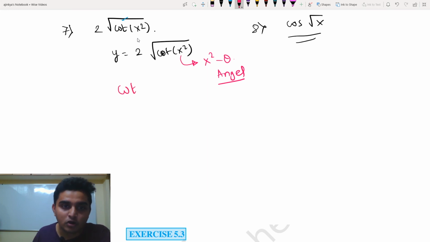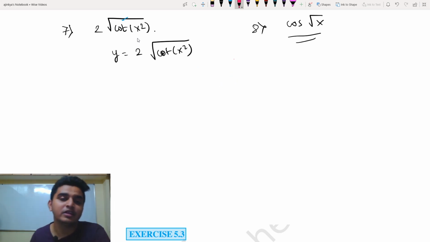If it was cot square x under root, then you could easily have cancelled it out. But students think of cot of x squared as the square of the function and try to cancel. So it's an easy question, we'll try to do it in a faster way.